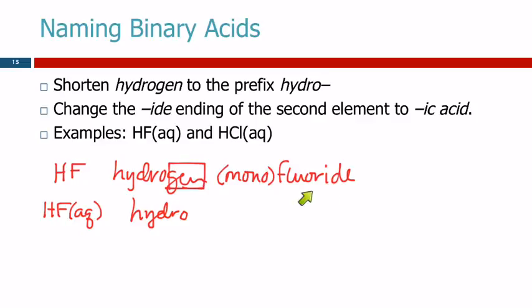And then over here, fluoride, we change this "ide" ending to "ic" acid. And we run it all together: hydrofluoric acid. The only binary molecular compounds that can be acids start with H. They all start with H.